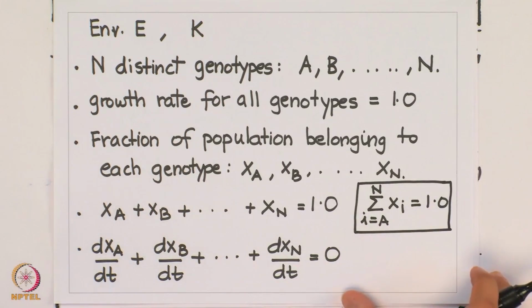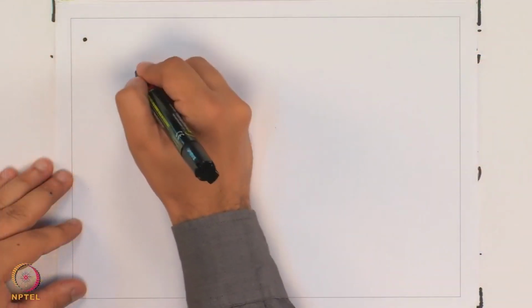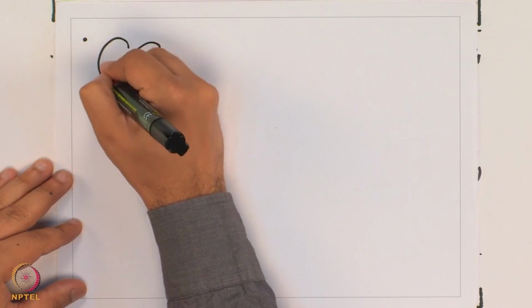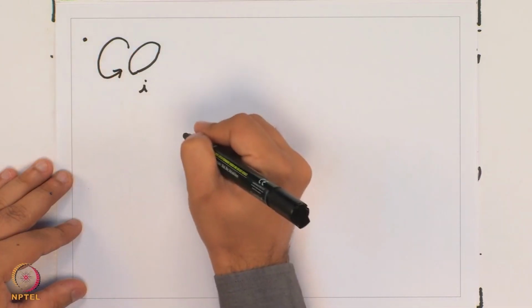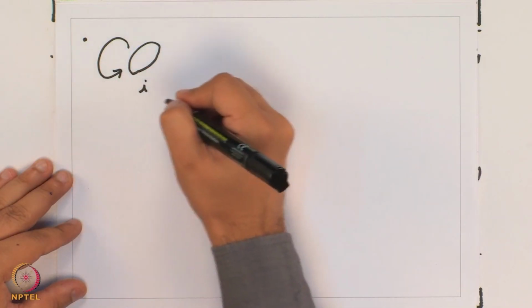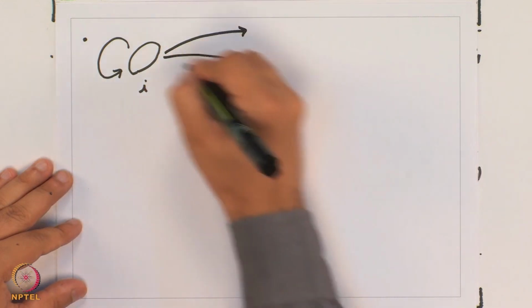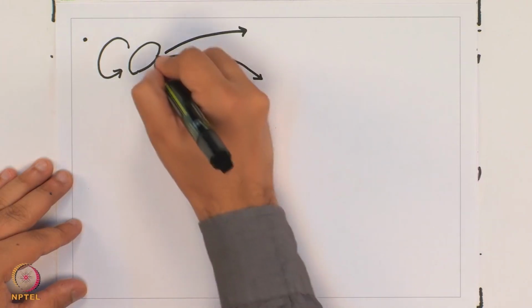And the last thing that we want to define is that of all these genotypes A to N, what is the chance that when genotype I divides, it could lead to its own genotype. The progeny could have the genotype of the parent, or the progeny could have any of the other genotypes in the environment.